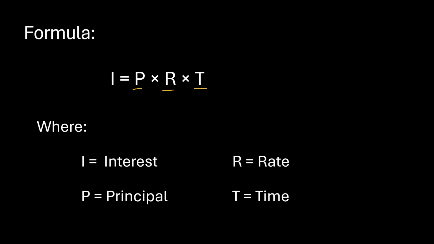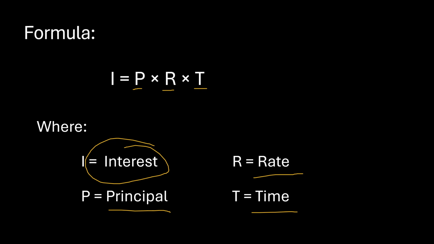The principal tells us the original amount of money. The rate tells us what percentage is charged every year. And the time tells us how many years the money has been borrowed or invested. By multiplying these three values together, we can determine the total interest. But remember one important reminder. Just like in our previous topics, always convert the percentage into a decimal before multiplying.